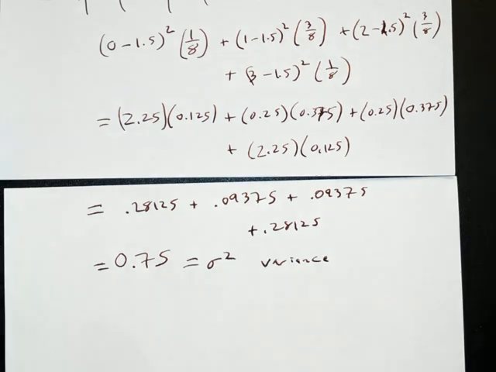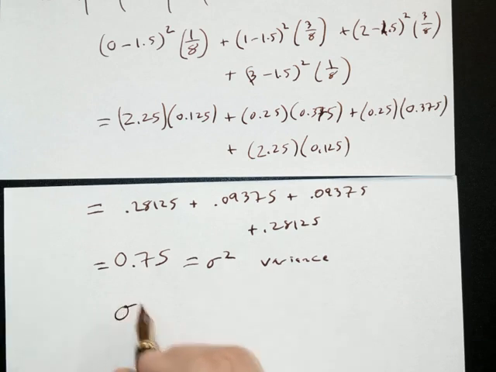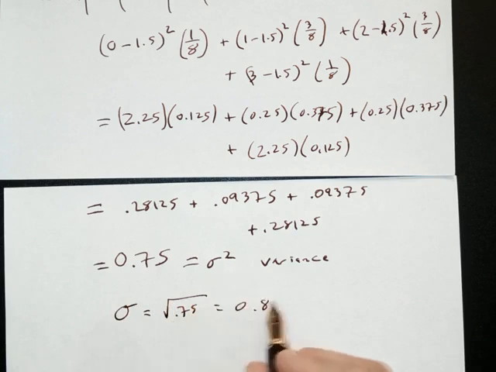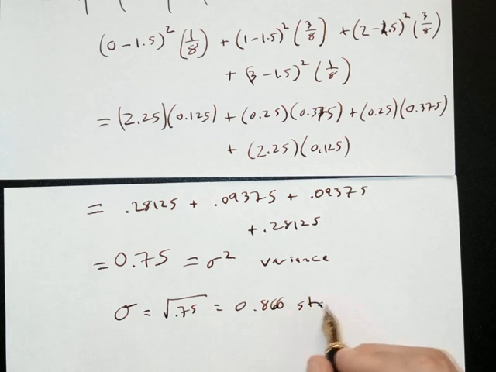So really, if I want the standard deviation, what do I do with this number? I take the square root. 0.866. That's my standard deviation.